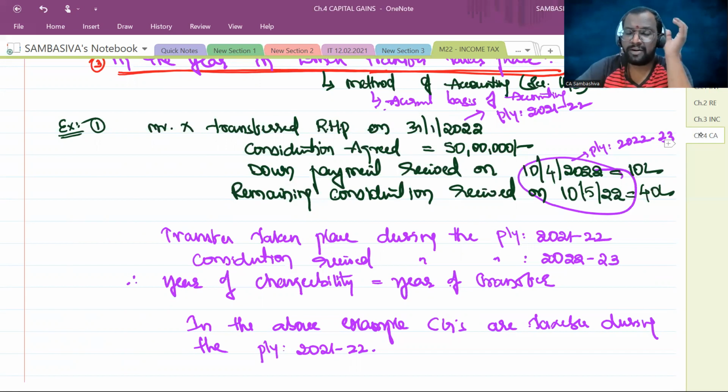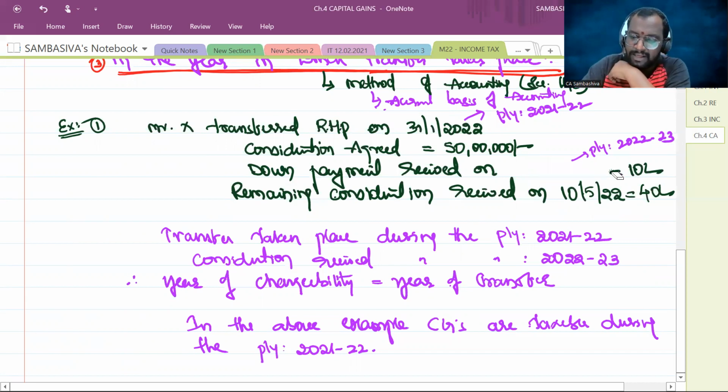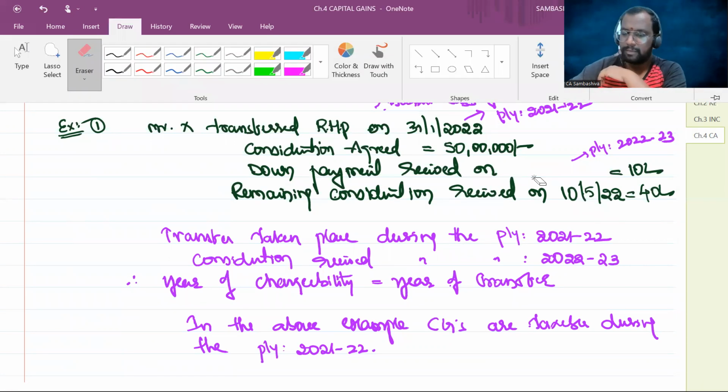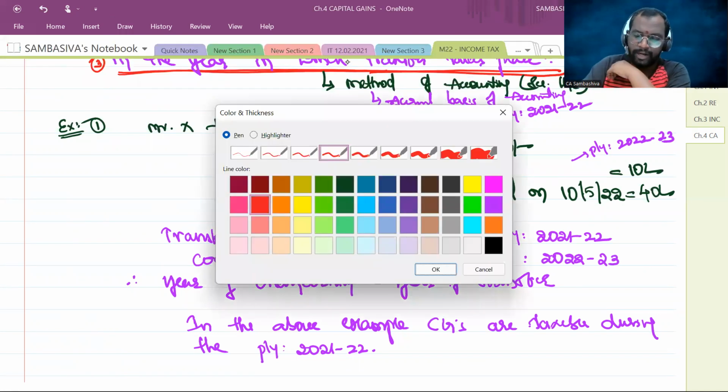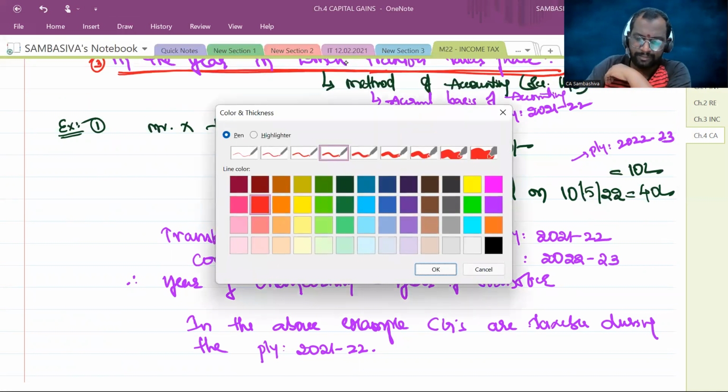Clear, sir? Even during the year of transfer, even if you received some partial payment, like in this example, initially I had given that the down payment you received on 10th of April.